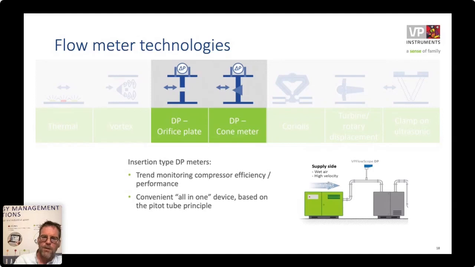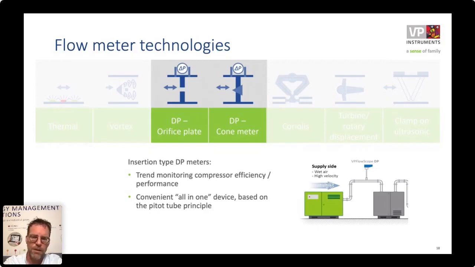So where can you use differential pressure then? That is if you use an insertable differential pressure meter, and that's one of the devices we offer as well. It's an insertable probe that still uses the same principle of differential pressure, but it's more like a pitot tube on an airplane. So it's a smaller probe, so it doesn't block the pipe that much.